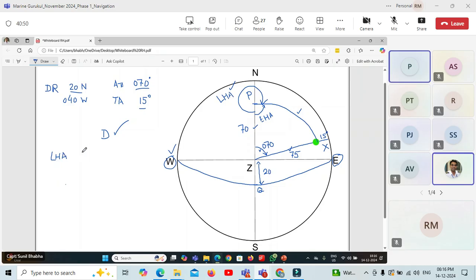Now you can get the GHA of the star also, because you have your longitude, 40 degrees west. GHA Aries is available in the almanac. The difference between these two will give you the SHA of the star.